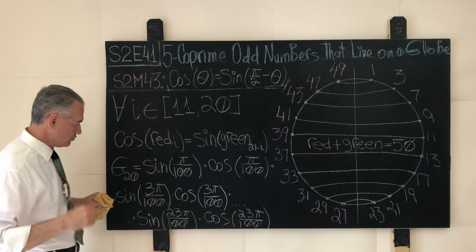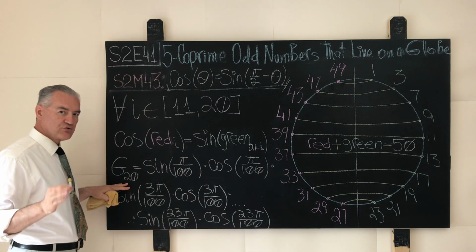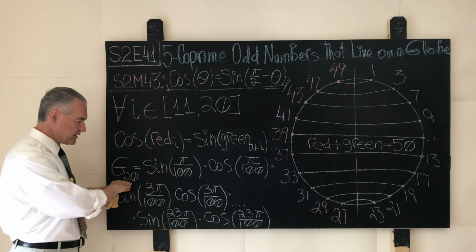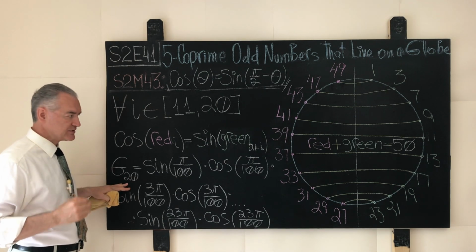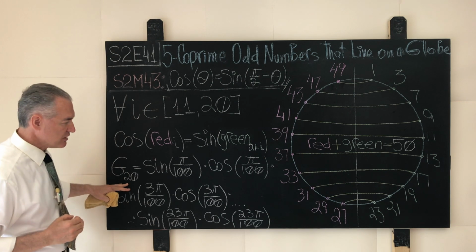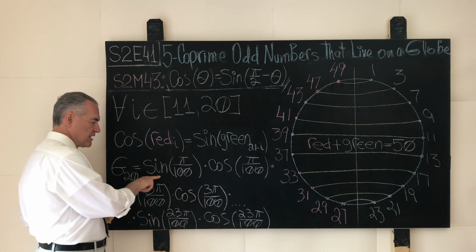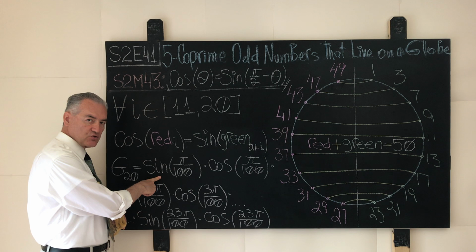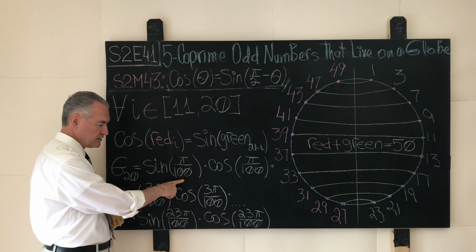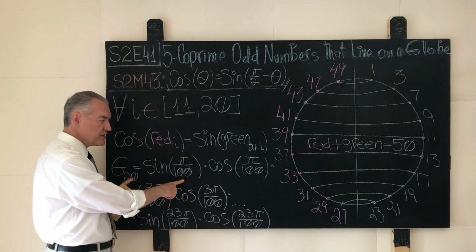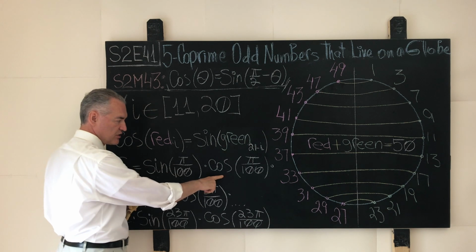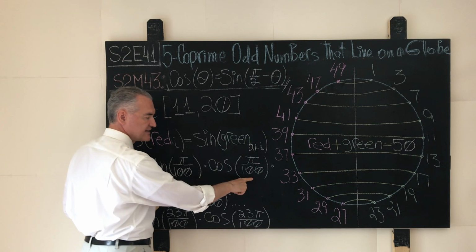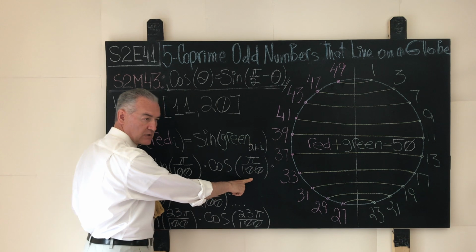And coming back to our green product of 20 cosines, what does it mean? It means that in our green product, we will be able to pair up the value of sine evaluated at an angle blah with the value of cosine evaluated at the same angle blah.